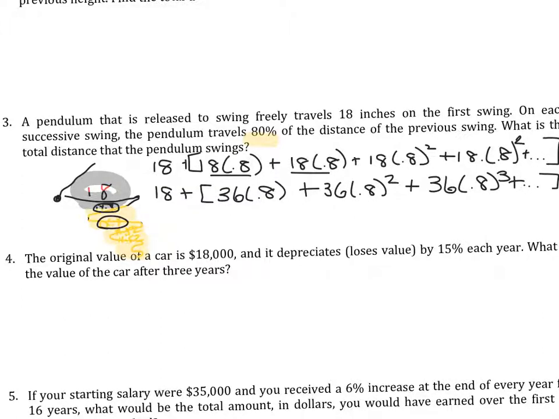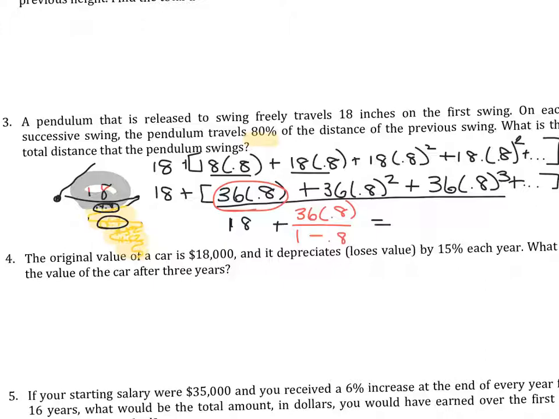So if you notice, I have a geometric series right here, and since this goes on indefinitely, and we're not sure when it ends, it's an infinite series, so I'm going to use the infinite series formula. The infinite series formula is a sub 1, the first element in my sequence, which is 36 times 0.8, over 1 minus r. So my common ratio in this problem is 0.8. But I cannot forget the initial 18-inch swing in the beginning.